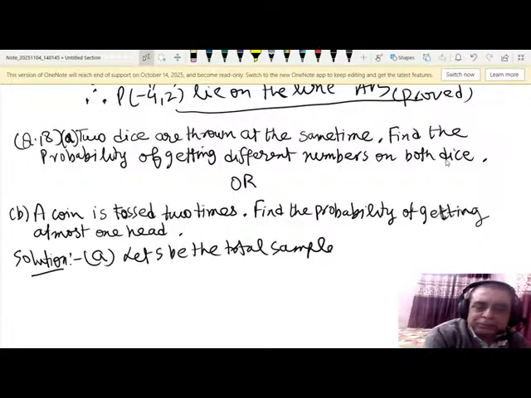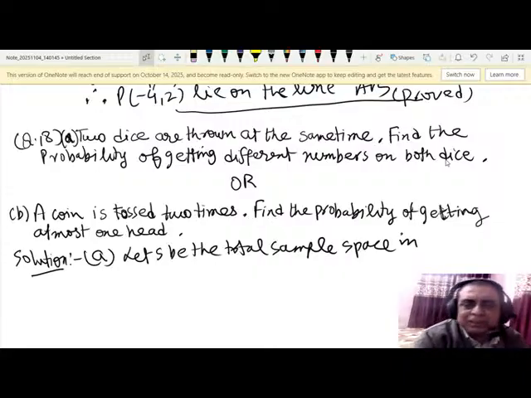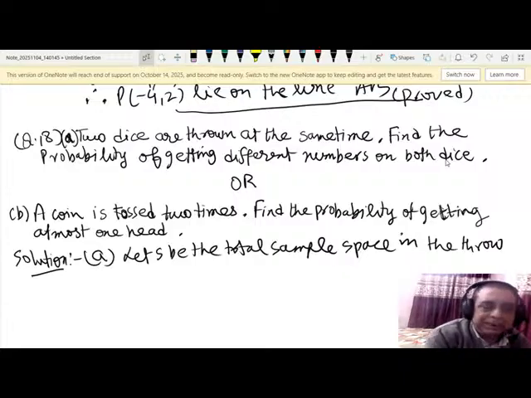That means the total sample space means all possible outcomes in the throw of two dice.